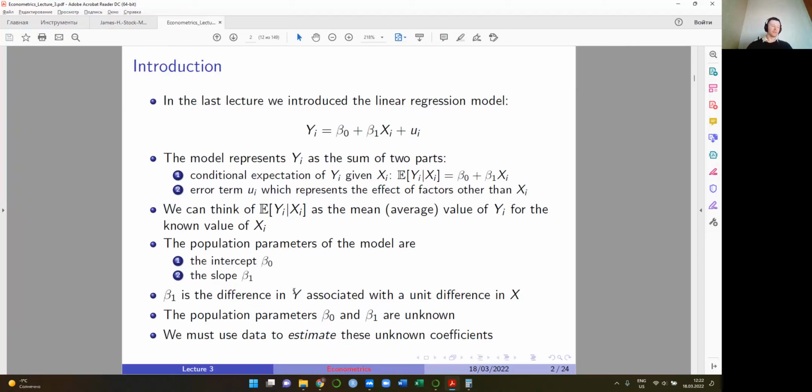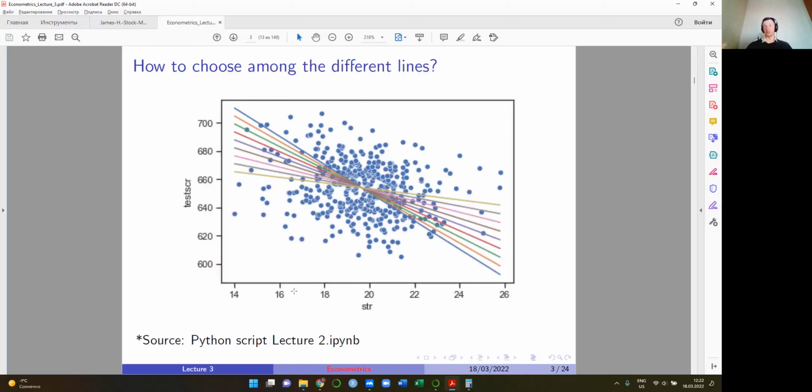Before discussing the estimation method, we will make some revision from statistics, from probability theory, just to understand what we are doing. So here was this problem graphically. You have the points of the data, 420 points, and you want to find out the line which fits this data better. That's the problem that we are going to solve.